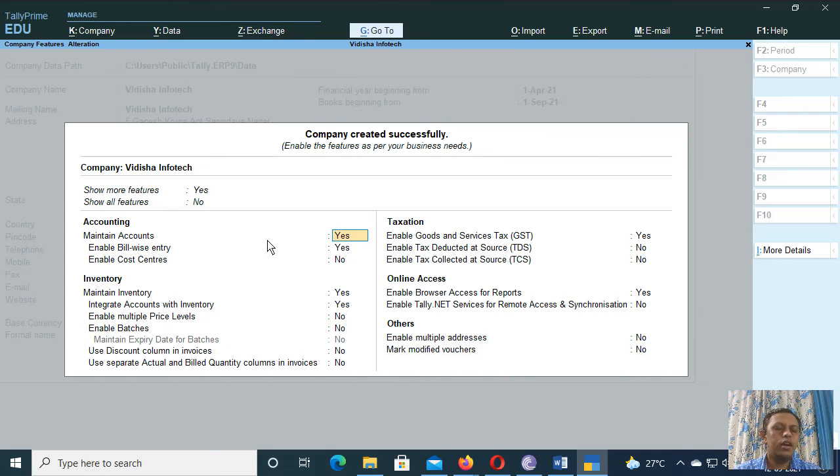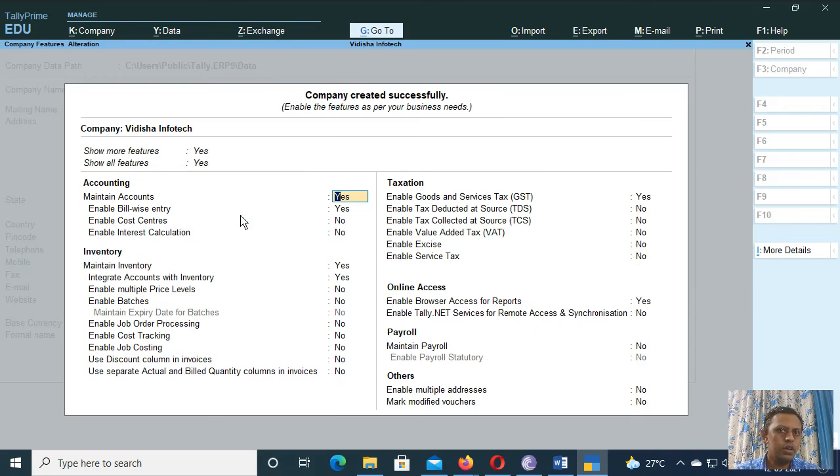Now if I require more features than this, I will have to select yes and press enter. So here all the features are available: the accounting features, the inventory features, taxation features, then online access, then payroll, and others. So let's configure this.